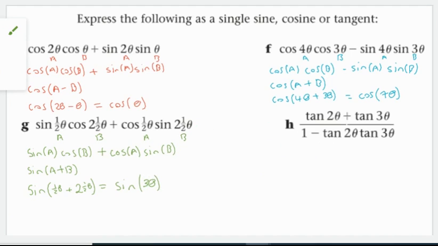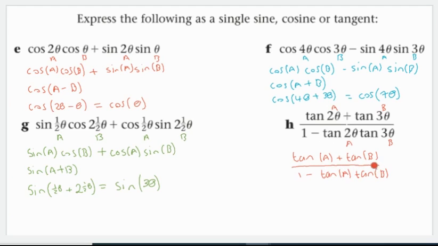Okay, and we've got our last example, which I'm going to write in red. So I've got a over here, b over here, a over here, b over here. So this is tan a plus tan b, all divided by 1 minus tan a tan b.